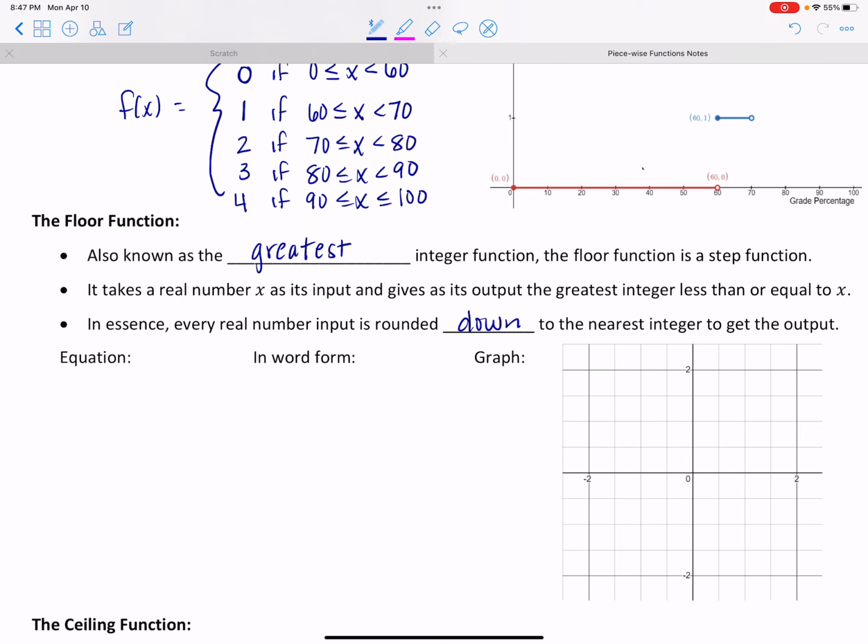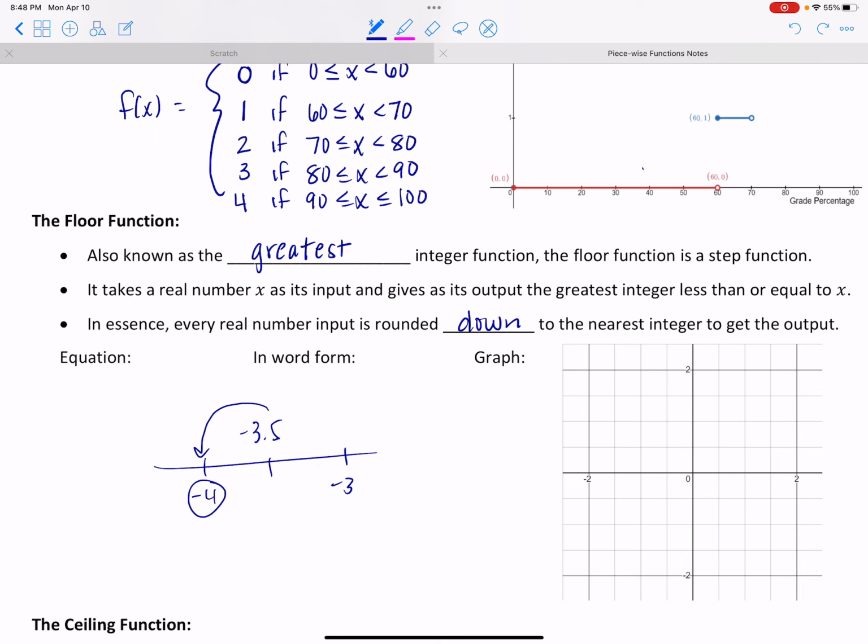Like if we were looking at, let's say negative 4 is over here and negative 3 is over here, and this would be like negative 3.5. If I said what's the floor for negative 3.5, we're going to go to the nearest integer below it, which would be negative 4. Okay? Now what if I asked you for the floor for negative 3? Well, negative 3 is at negative 3, so we don't have to round, it's already there. So the floor for negative 3 would be negative 3.